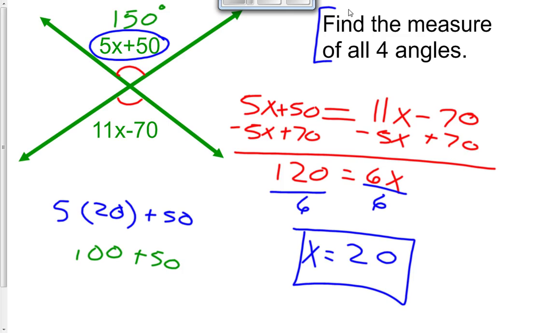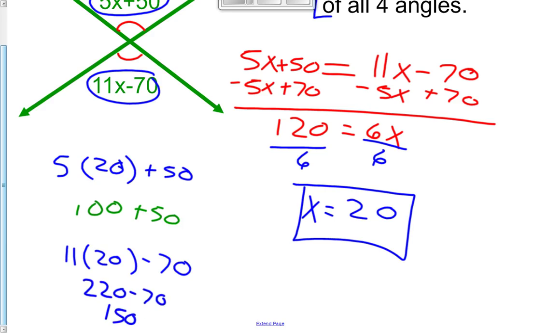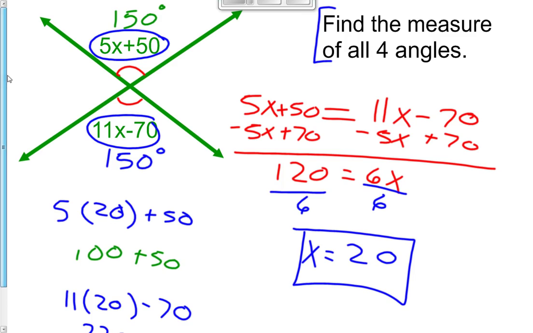This angle, the vertical angle, is 11x minus 70, and 11 times 20 minus 70, 11 times 20 is 220, minus 70 is 150 degrees. Isn't that something, that the vertical angle is congruent to it? It should happen that way, right? So both those two angles are 150.